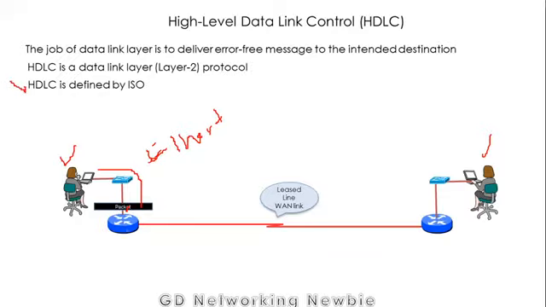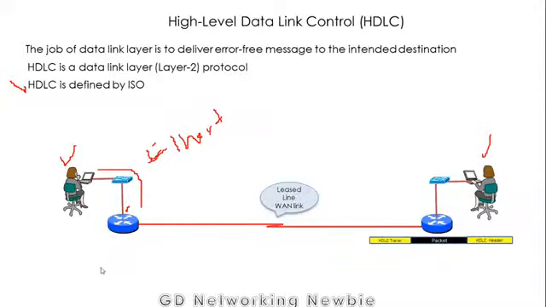Then this router will encapsulate that packet using an HDLC header and HDLC trailer. This is called an HDLC frame, and this HDLC frame is transmitted from that router to the next router.